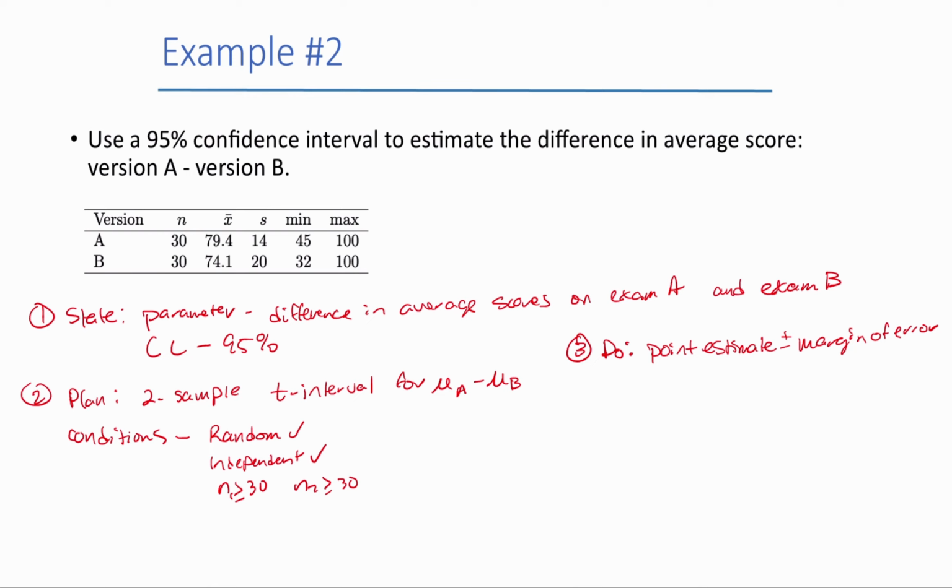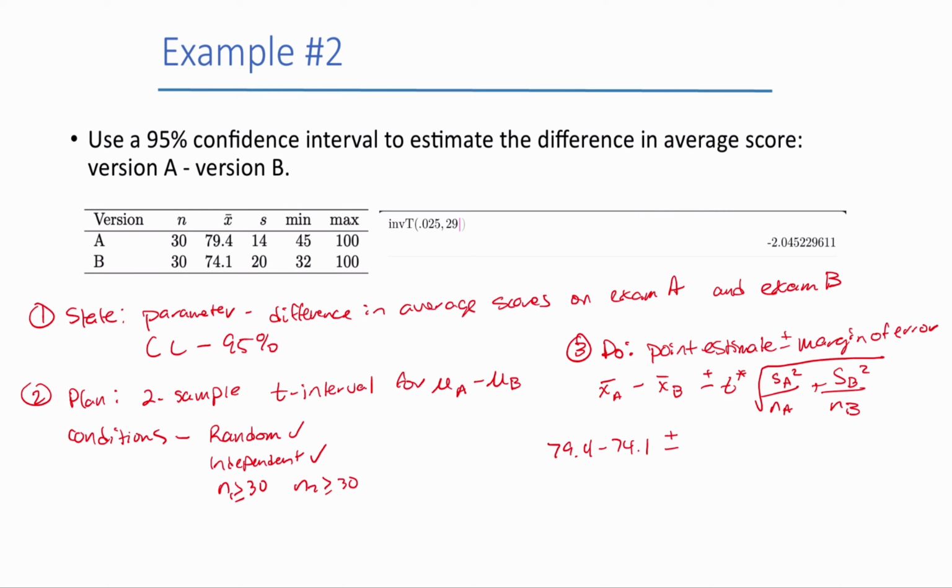Our specific formula is going to be x bar A minus x bar B plus or minus the t times the square root of s A squared over n A plus s B squared over n B. So that's going to be 79.4 minus 74.1 plus or minus our t.